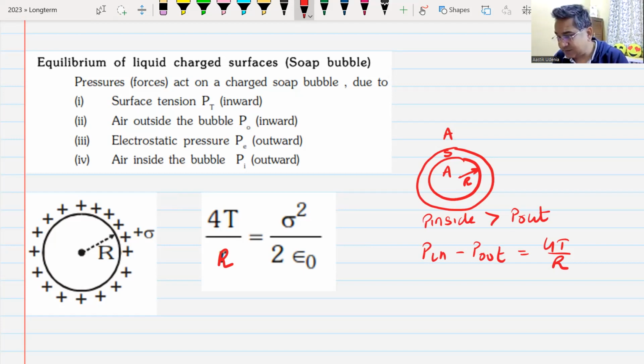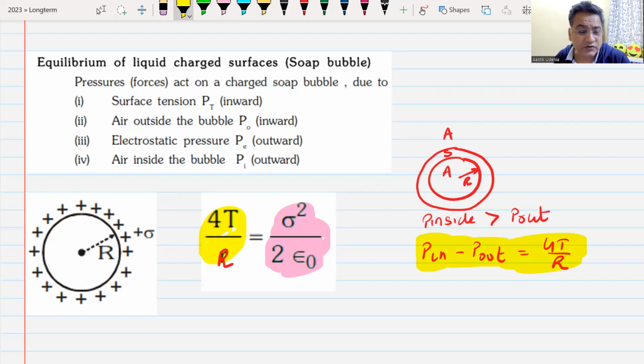Now, if this soap bubble is charged, the relation that should exist between the surface charge so that the bubble remains in equilibrium is given by this formula. What you see on the right hand side is the electrostatic pressure due to the charge on the soap bubble. On the left hand side is the difference in pressure between the inside and the outside. You just remember this formula. If it comes, just put it.